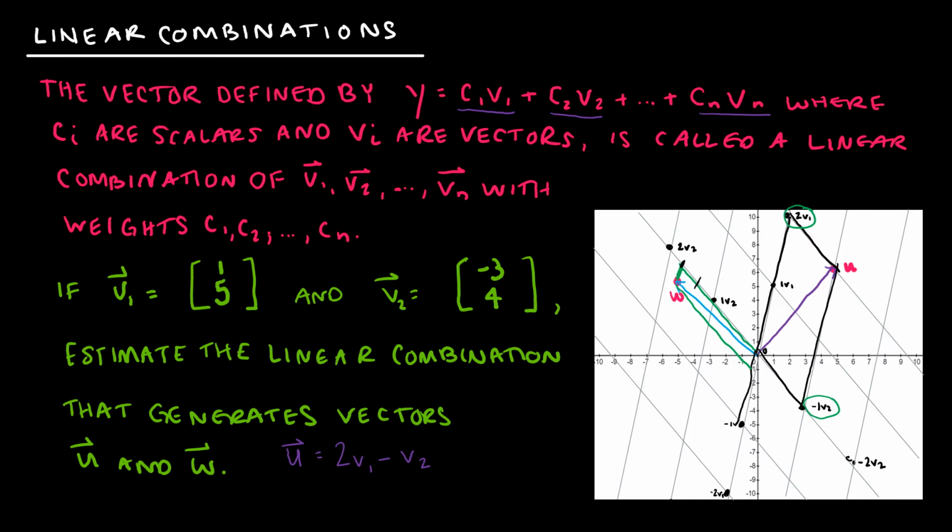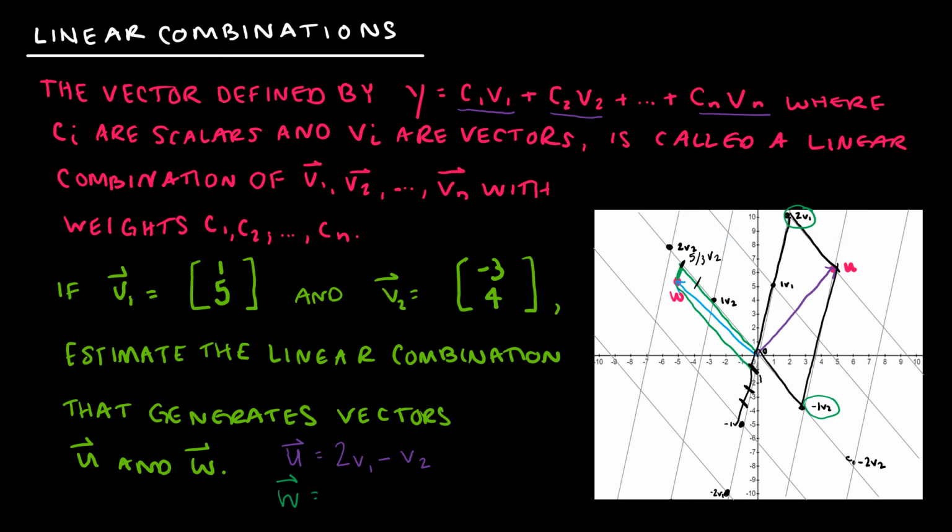So vector W is generated by using 5/3 of V2. And how many V1s? Well, it looks as though it might be 1/4 of V1.